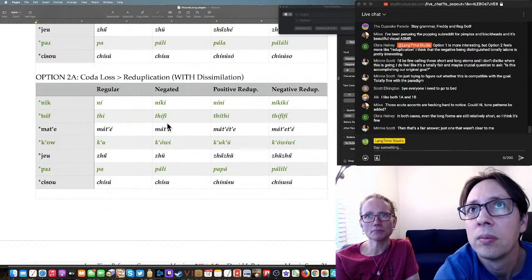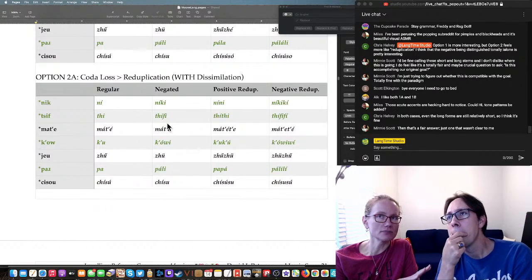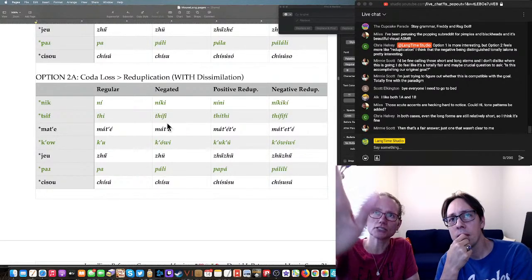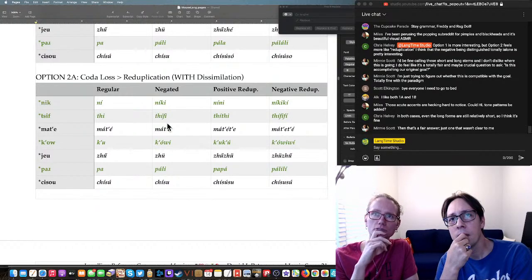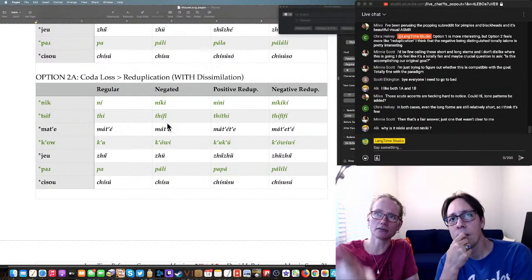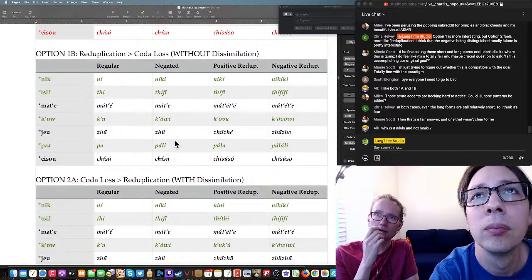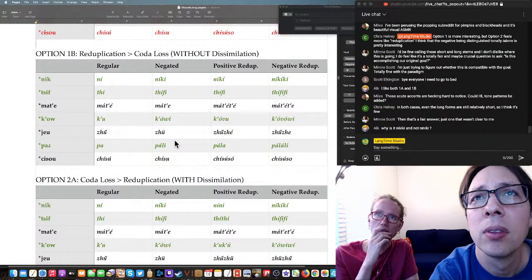And this may seem silly, but to also make it clear what the forms are based on, could we actually change the order of those columns? Because it's really regular, and then positive reduplication is based on the regular form. Negative reduplication is based on the negated form. Oh boy. And that's different from up above. It is?